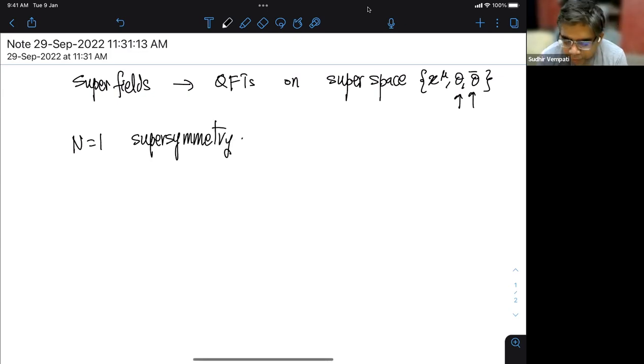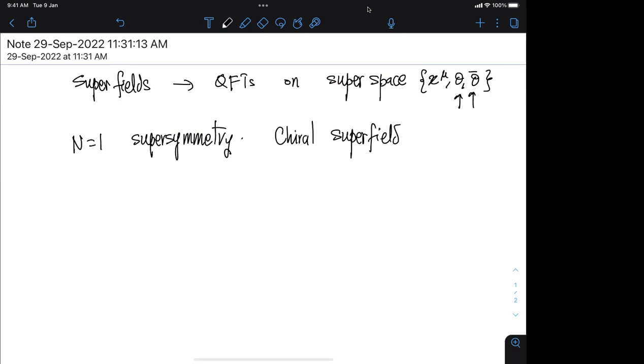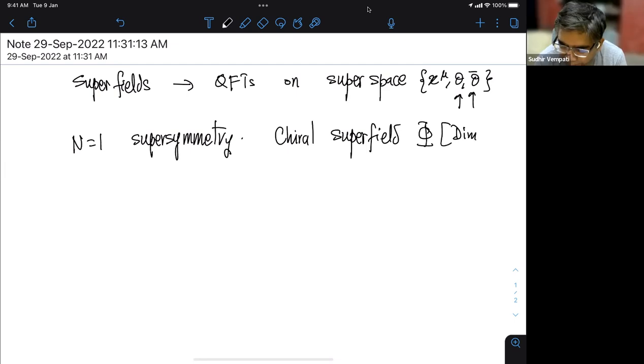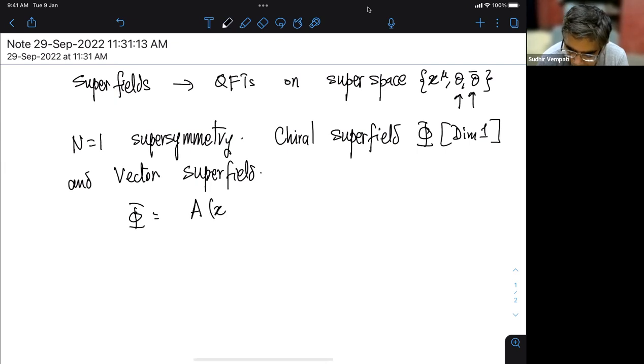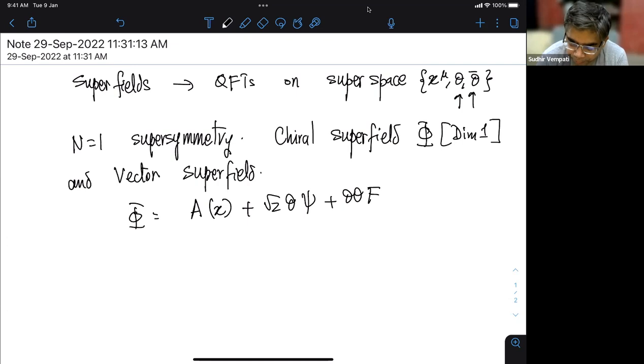So these two superfields are essentially the chiral superfield phi of dimension 1 and the vector superfield. The chiral superfield is expanded as some scalar function, which is essentially the scalar field, then a fermion, and an auxiliary field.